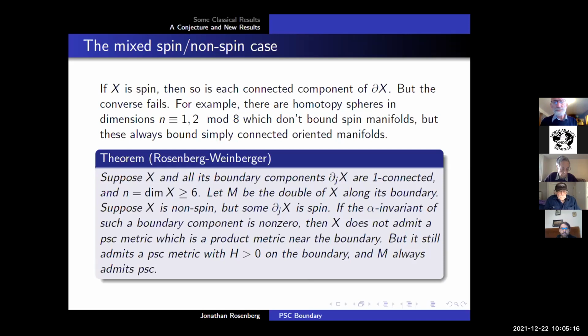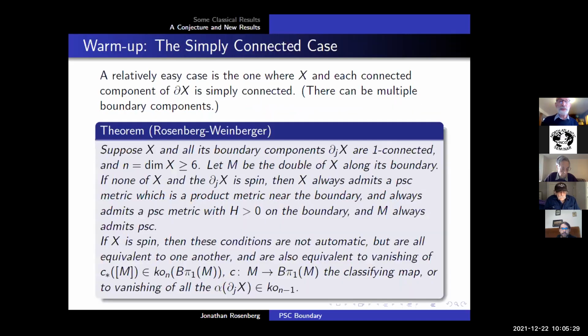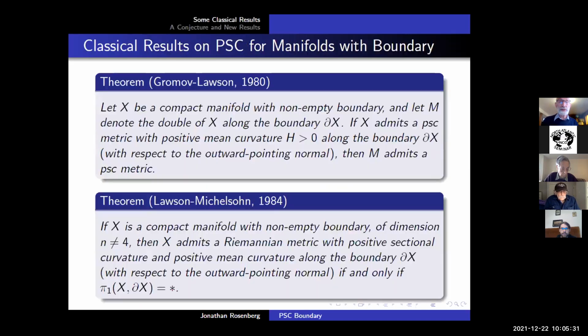So let's see, how would you go about proving something like this? Well, one case of this is actually also subsumed in Lawson-Michelson. Let me go back to the Lawson-Michelson theorem again. Suppose you're in the case where the boundary of X is an exotic sphere and X is non-spin, but simply connected.